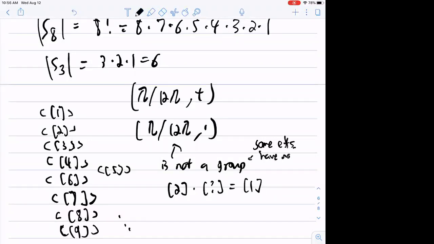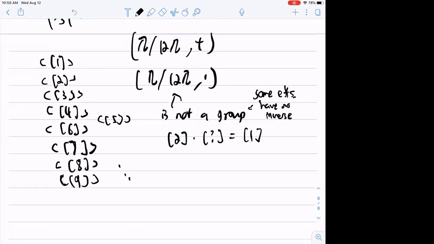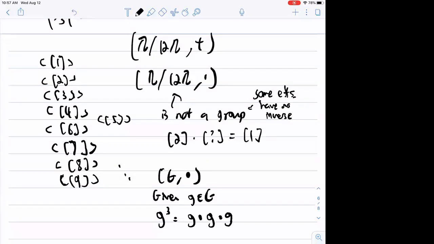So when you write this notation, it has to be a group. When I write, given a group G with operation circle, G cubed is G composed three times, whatever the operation is.